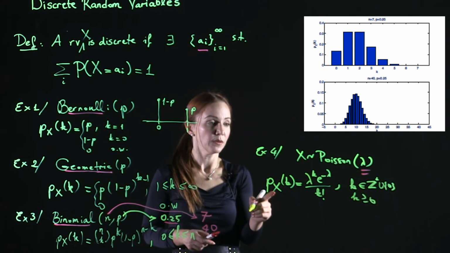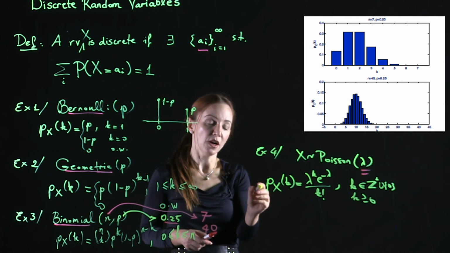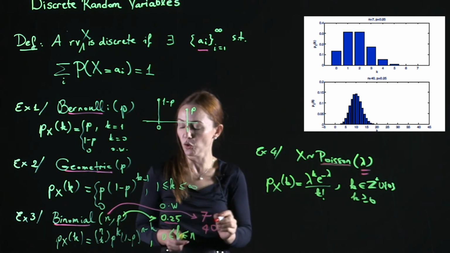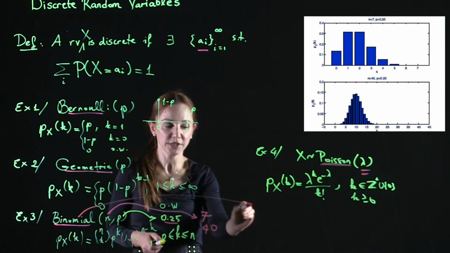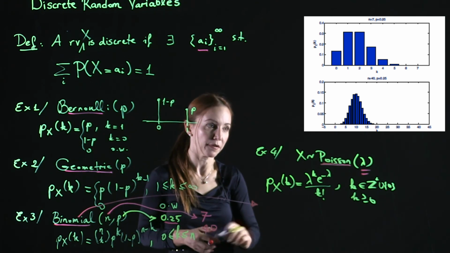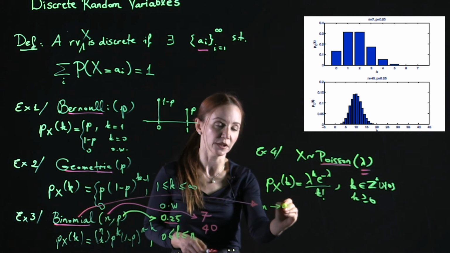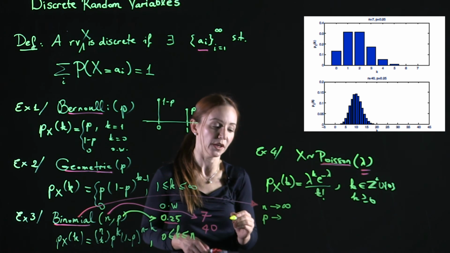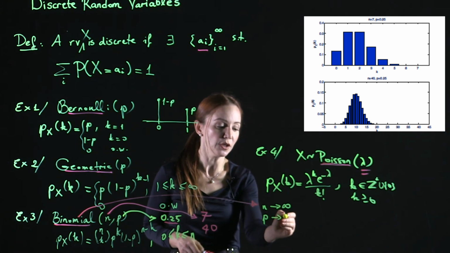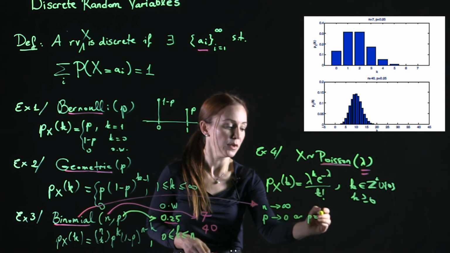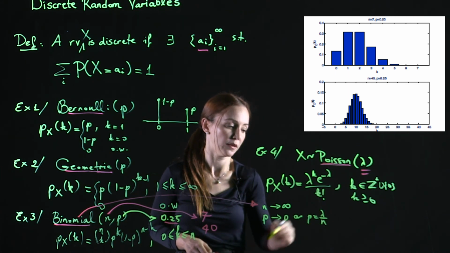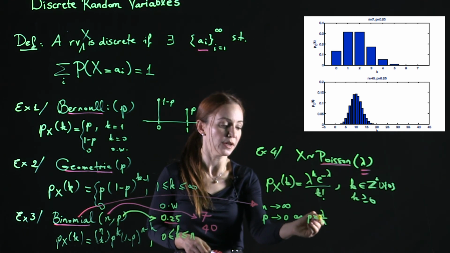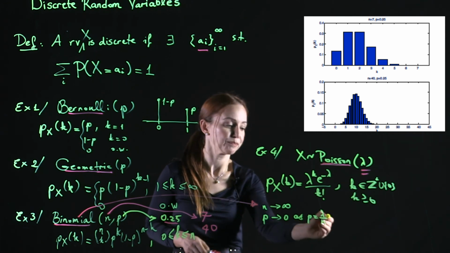Actually, the Poisson distribution can be obtained as a certain limit of the binomial distribution. When we take a binomial PMF and let n go to infinity, the number of attempts go to infinity, whereas at the same time the success probability p goes to 0 like lambda over n, where lambda is fixed.